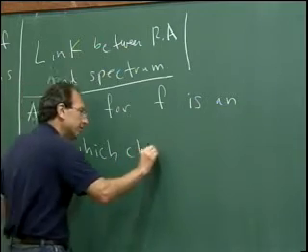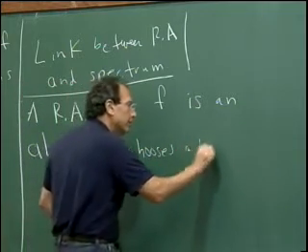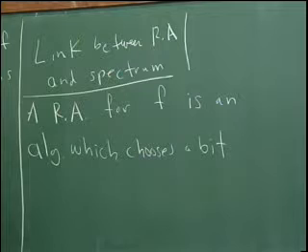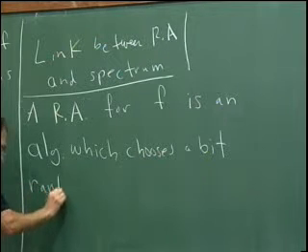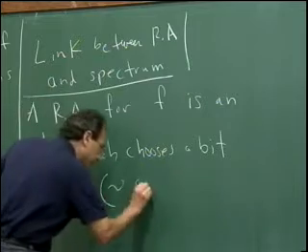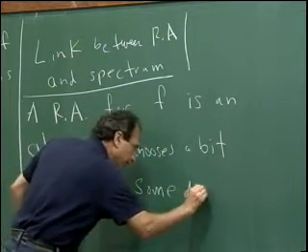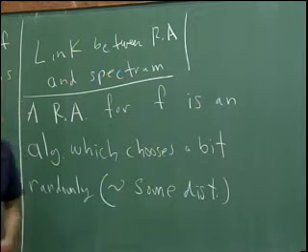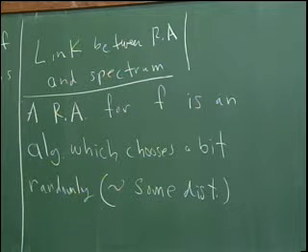which chooses a bit randomly according to some distribution. It doesn't have to be uniform. It might be degenerate. The algorithm might always choose bit number 2 to begin with.